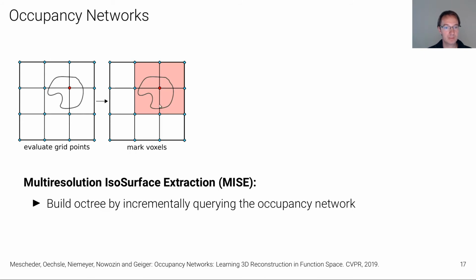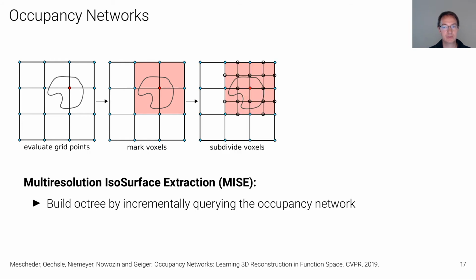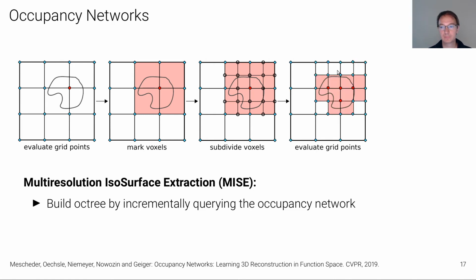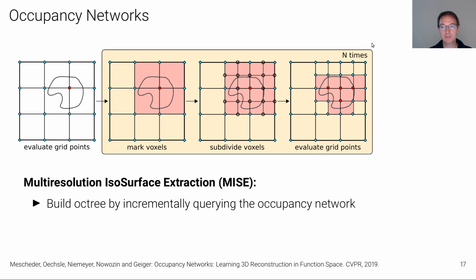Then we mark the voxels between the occupied and the unoccupied points as voxels for further investigation, and further subdivide these voxels and query these voxels again. We get something like this. So now we have these 4 inside points and the rest are outside points. And then we do this iteratively n times until we arrive at the desired resolution.